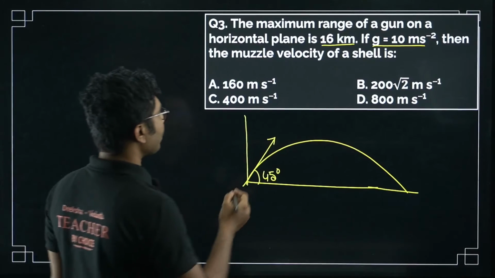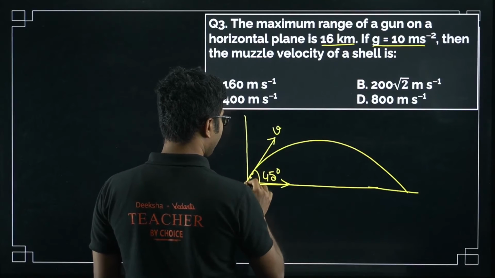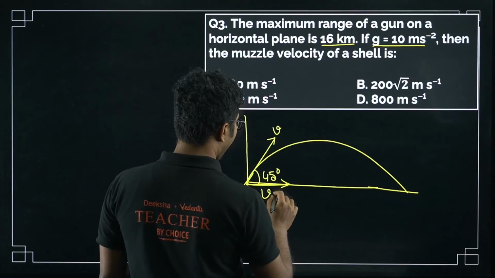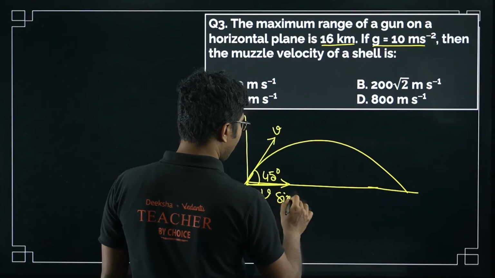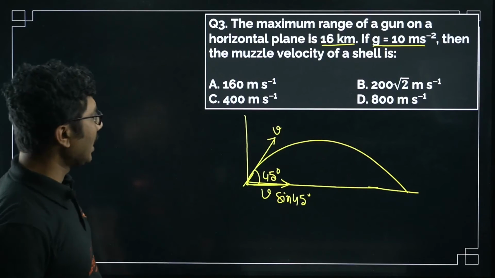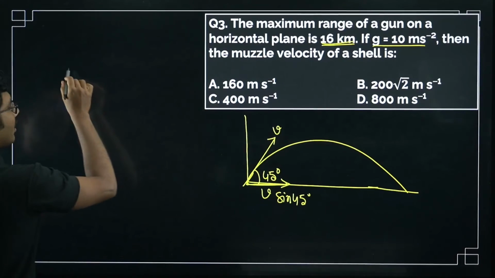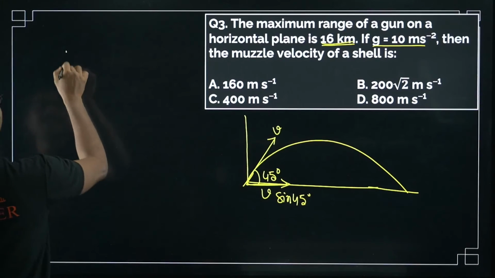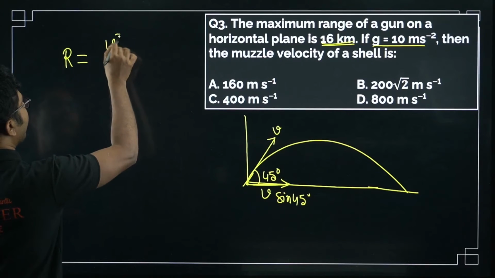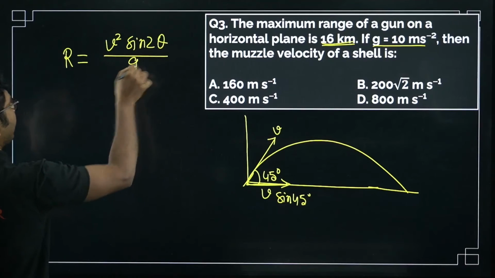Now if you project it with a velocity v, the component will be v sine 45. The horizontal range formula is given by v square sine 2 theta by g, right?